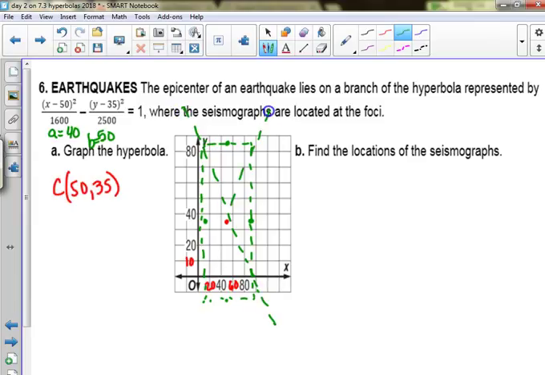If we were to pretend to actually draw this, it should open which way? It had an x squared first, didn't it? So it should open this way. You good, Sam? Okay. All right, then we need foci. That's what they want, because there's a seismograph located at the foci of each.